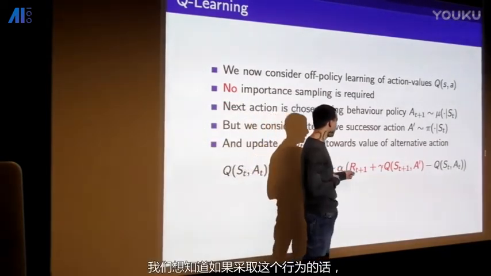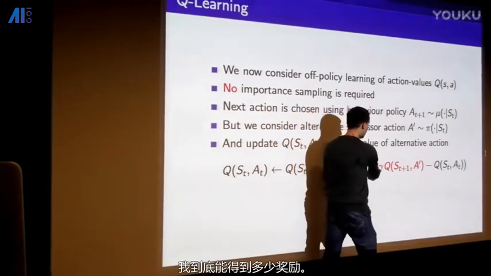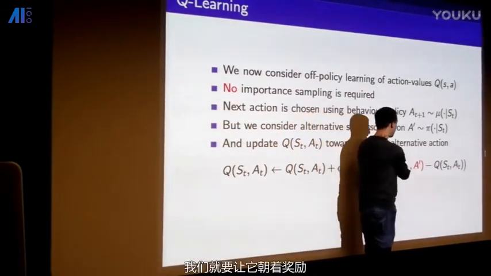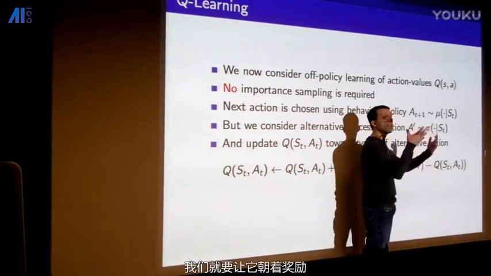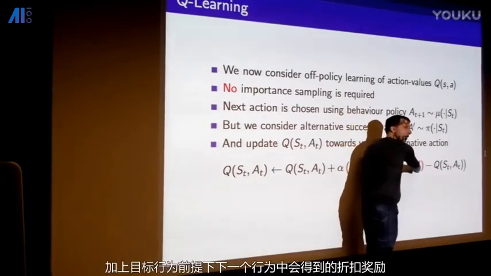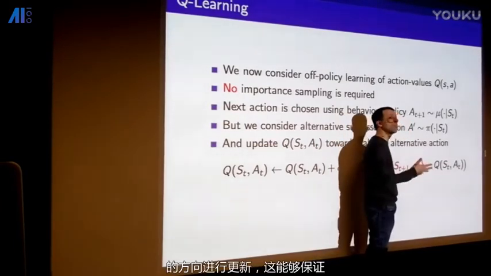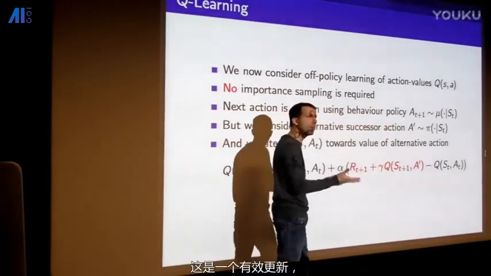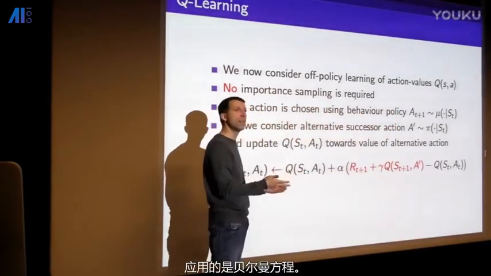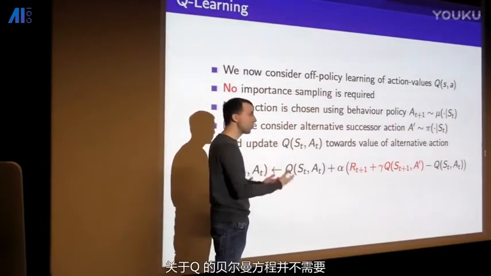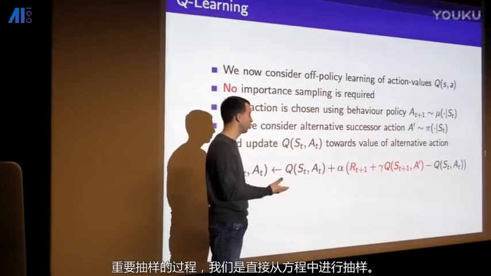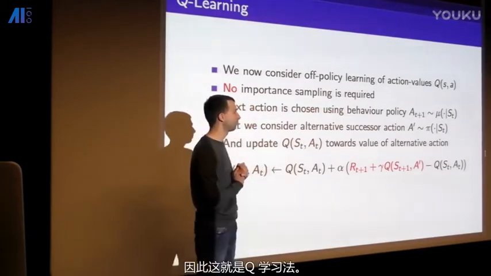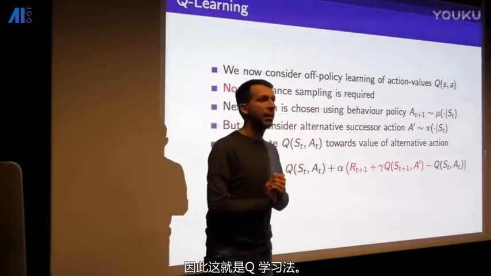I'm going to update it a little bit in the direction of the reward plus the discounted value of the next state of my alternate action under my target policy. This is what would have happened if I was really following the policy I care about. So this is a valid update. This is the Bellman equation again. It's completely valid. The Bellman equation for Q doesn't require us to importance sample. We're sampling that Bellman equation. That's the idea of Q-learning.